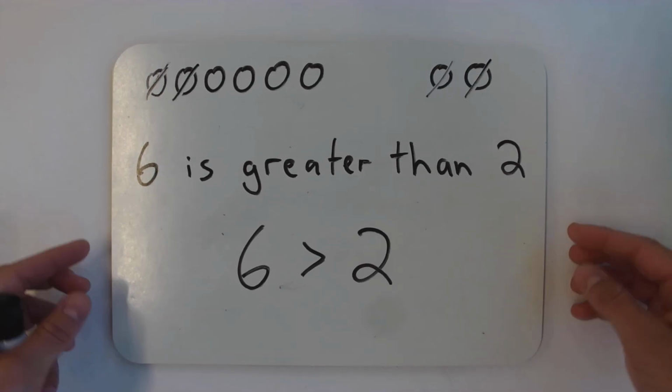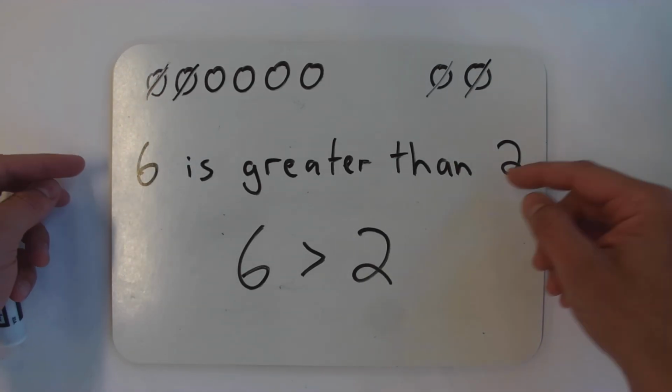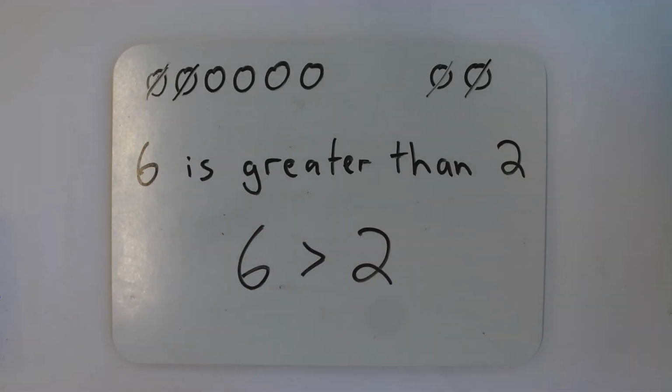If we're comparing, it'll be either the sentence or spoken format of something is greater than or less than something else. And our other abstract model for that is using our inequality symbol, greater than or less than.